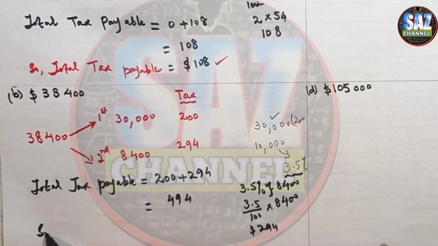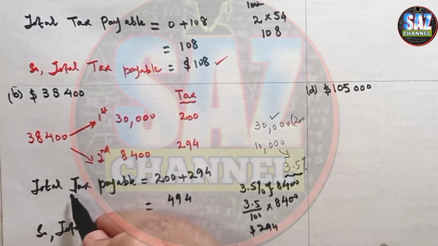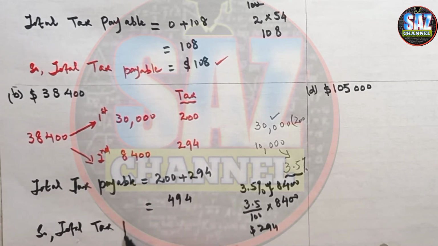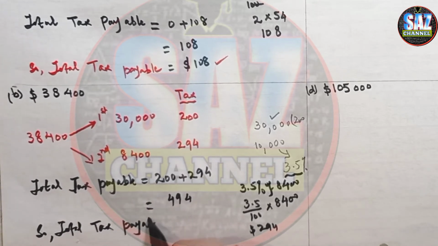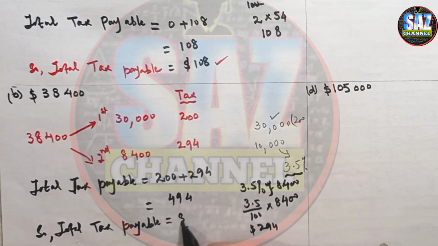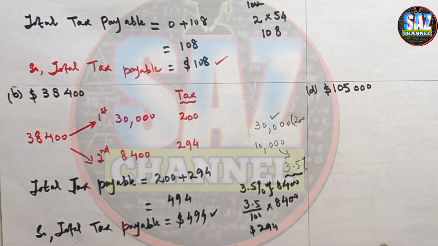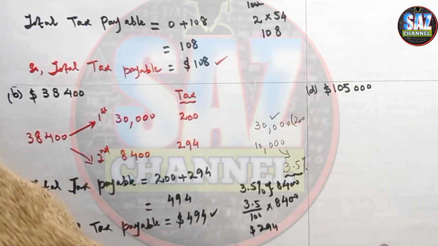So the total tax payable for this amount will be $494. I hope you are clear about this question, and let's quickly move to the next question.